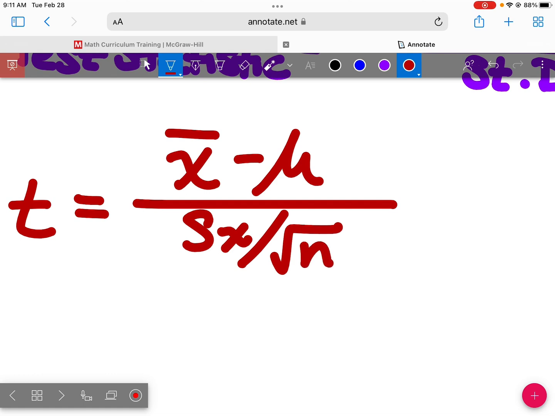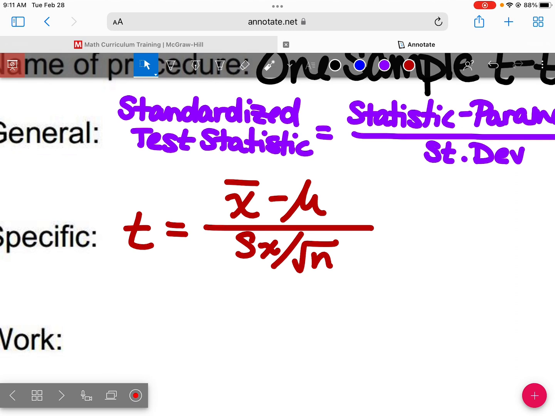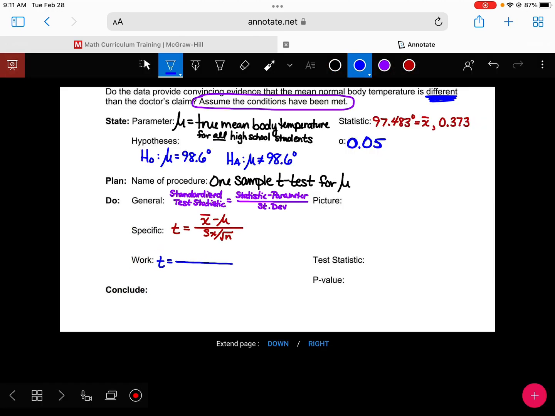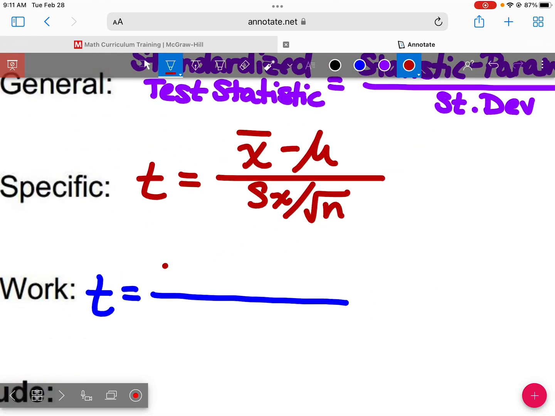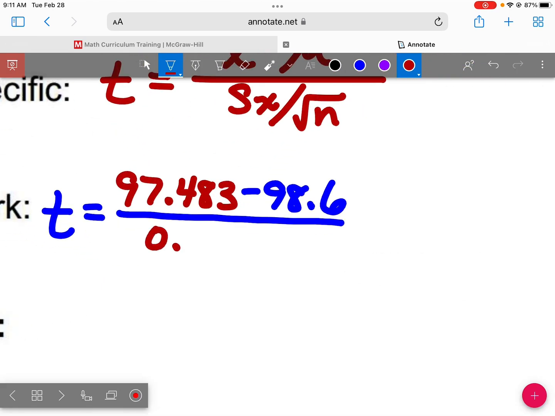Go ahead and calculate our t-score. You guys remember what our n was? 18.